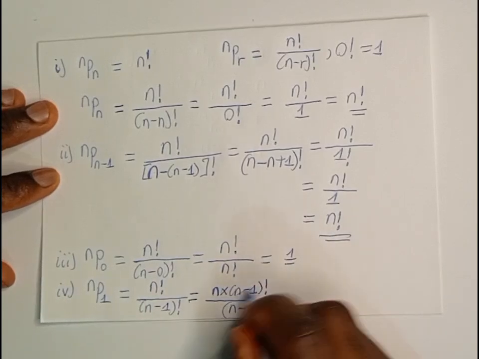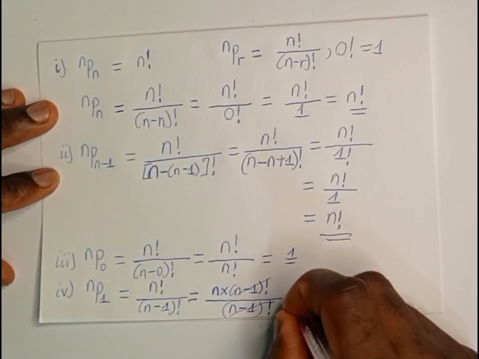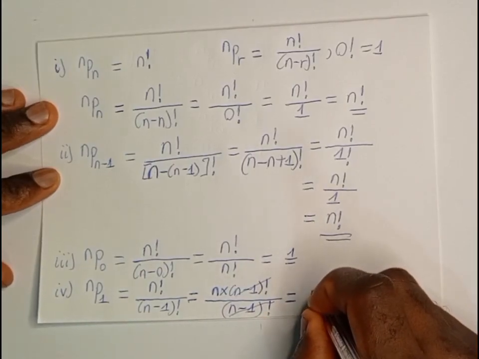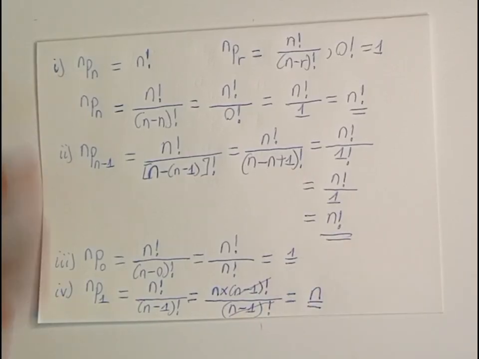The (n minus 1) factorial in the numerator will strike off the (n minus 1) factorial at the denominator. And this will simply be equal to n all over 1, which is n, which is what we are to show.